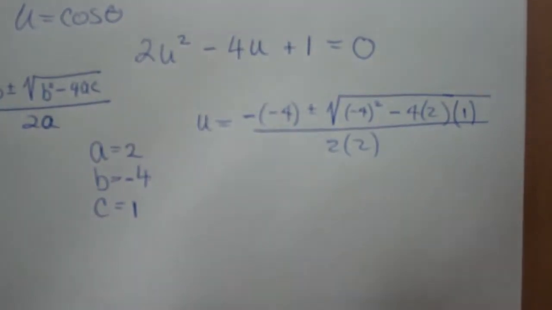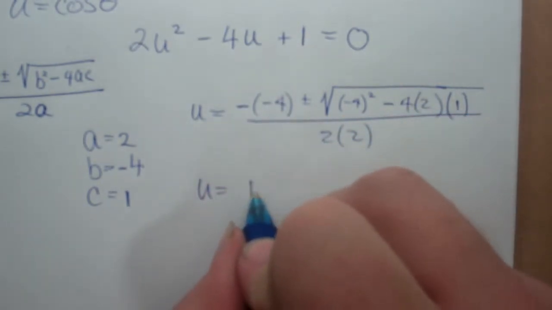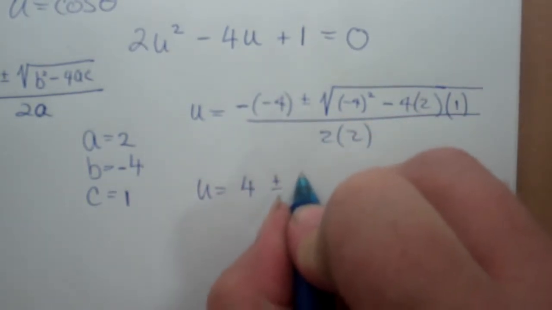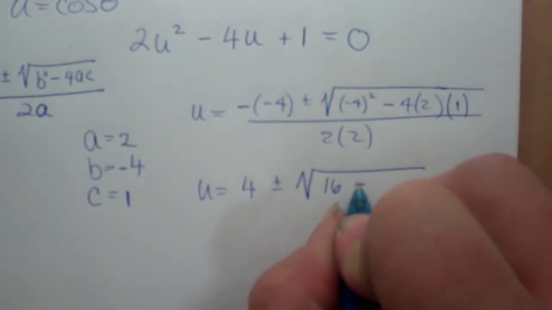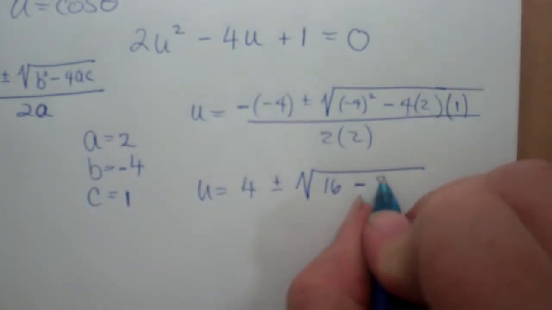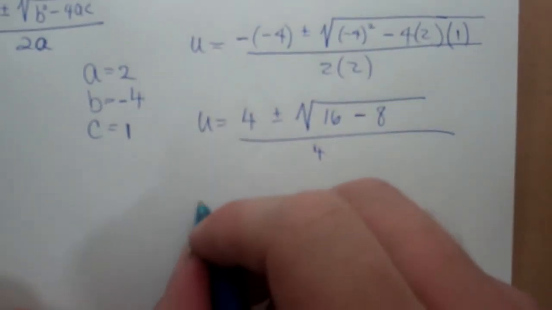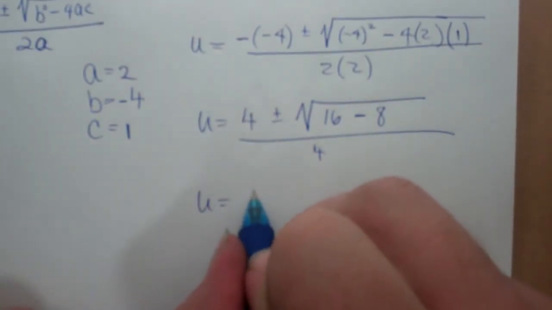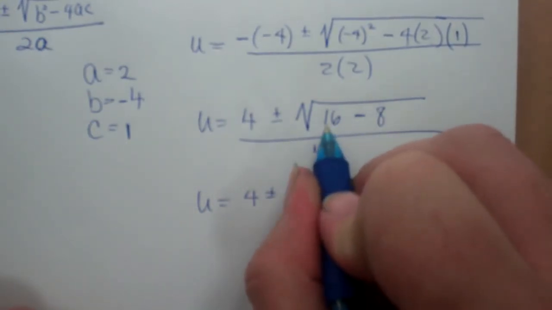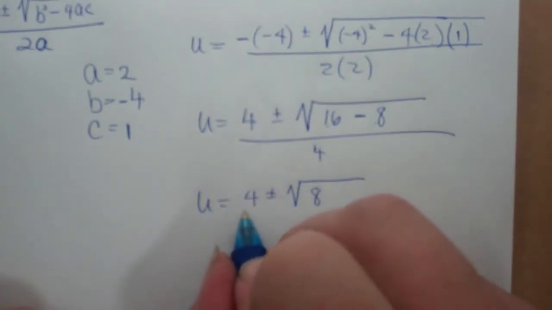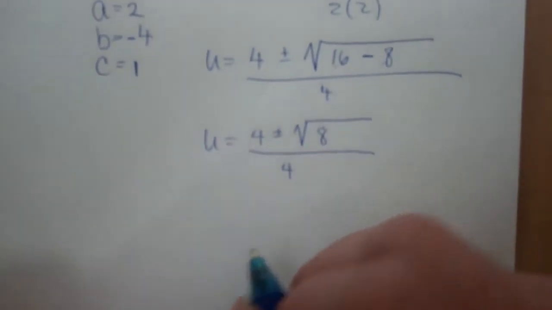So we just need to simplify and clean things up. u is equal to the negative of a negative 4, which is 4, plus or minus the square root of negative 4 squared, which is 16, minus 4 times 2, which is 8, and this whole thing is divided by 4. So u is equal to 4 plus or minus the square root of 16 minus 8, which is 8, and we divide this by 4. We're getting very close to having solutions for u.